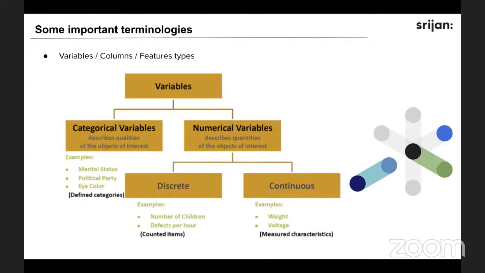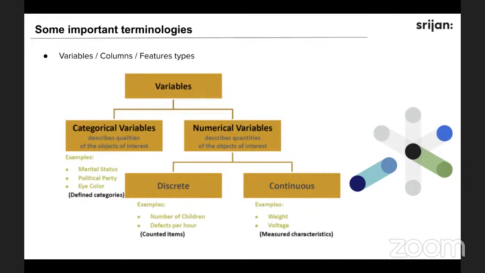Let's say you have a CSV data set, then there can be different columns, and those columns are basically features. If I ask what kind of characteristics those variables have, we classify them into two different parts: one is called a categorical variable, and the next one is called a numerical variable.